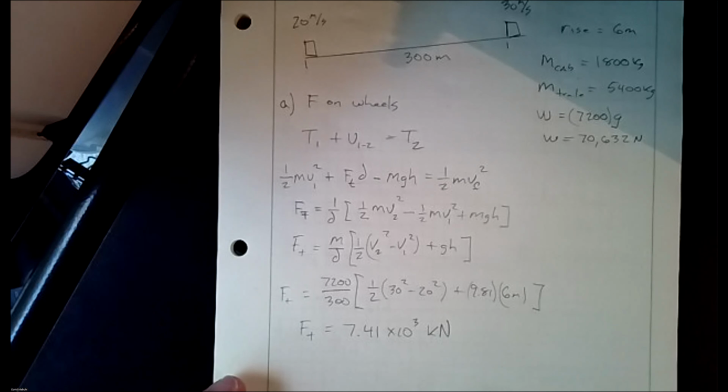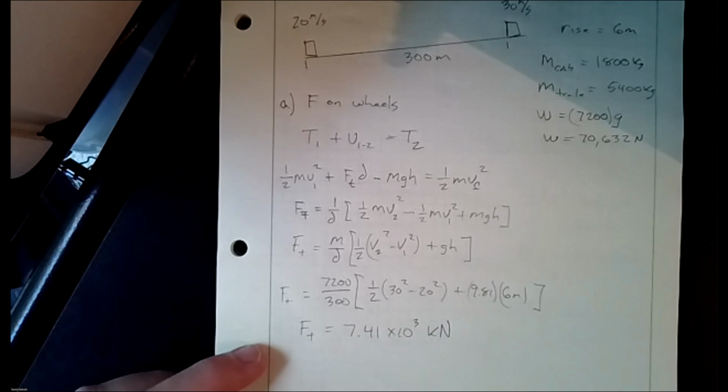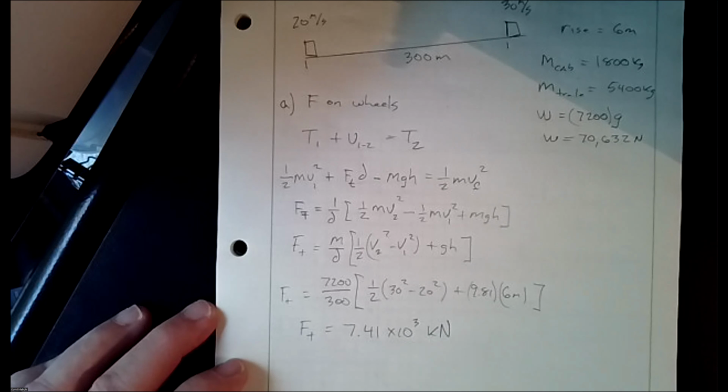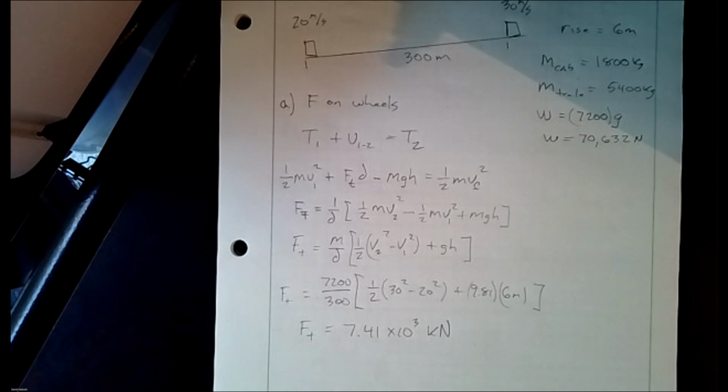So to do the coupling, the force pulling on the hitch, that's a little different. In that case, it wants to know what force is required. It's a similar equation.